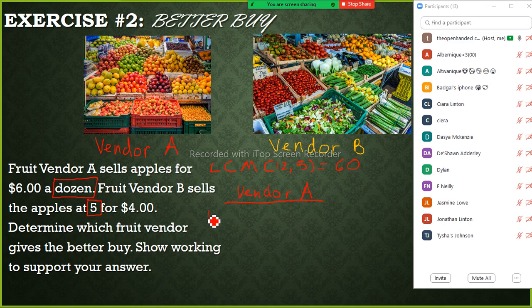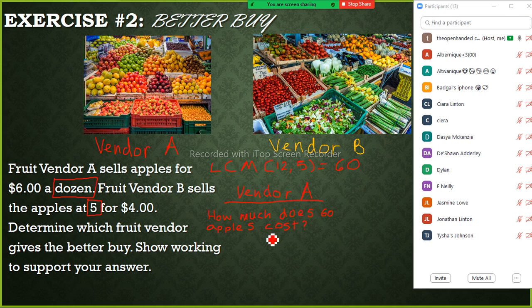So how much does 60 apples cost with vendor A? Okay, so that's the question.